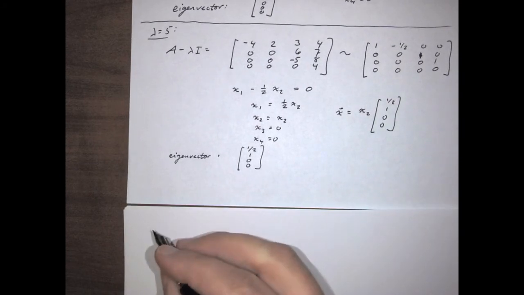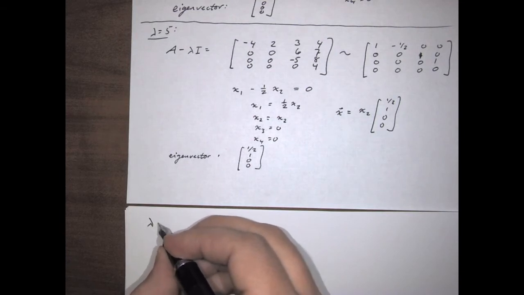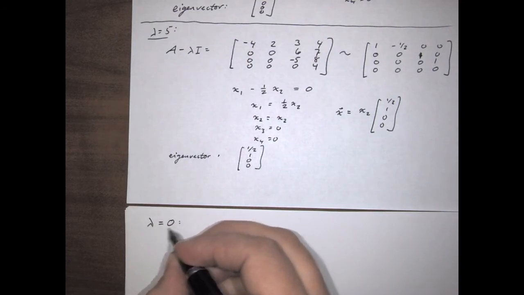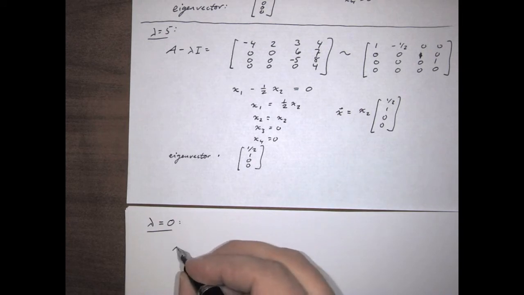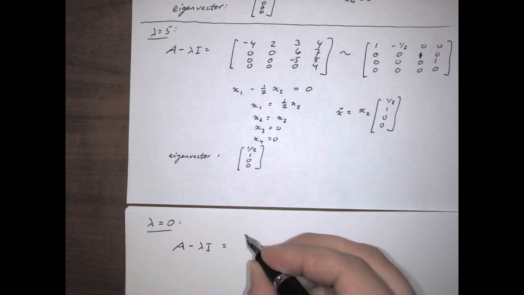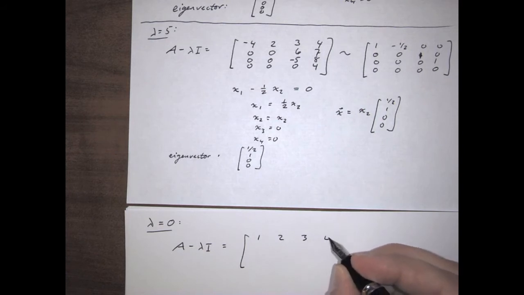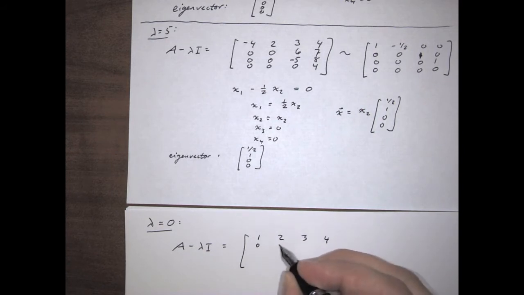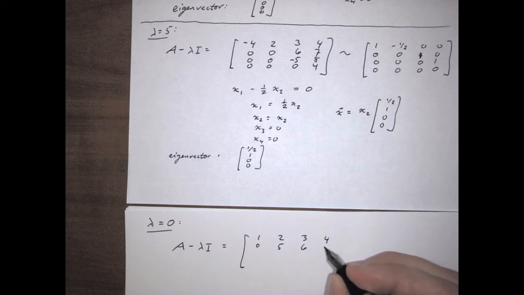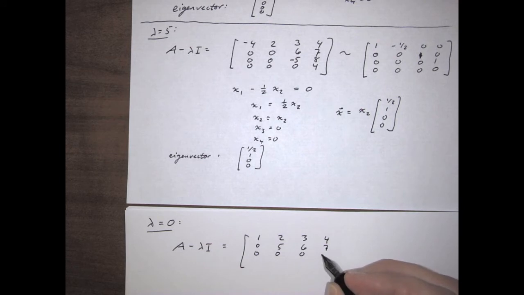Now, lambda equals 0 means that A minus lambda I is actually just regular old A. So lambda equals 0 means A minus lambda I is just going to be classic 1, 2, 3, 4, 0, 5, 6, 7, 0, 0, 0, 8, and 0, 0, 0, 9.